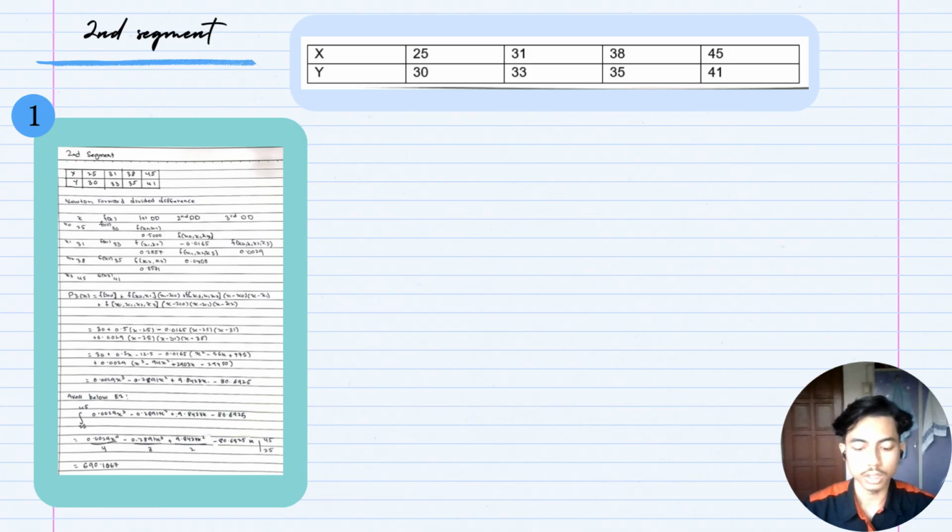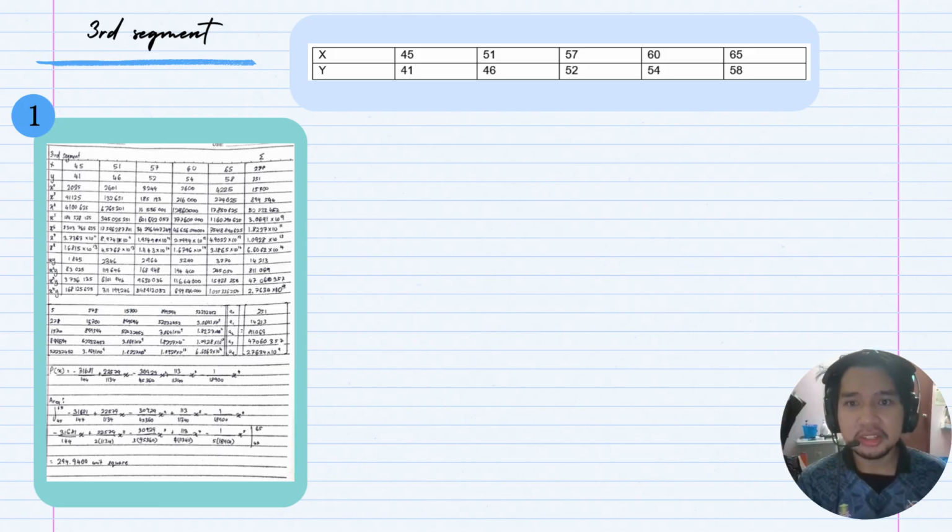After that, we use the formula of Newton forward divided difference and insert all the data from the table, and we get the general form. After that, to find the area of the circle, we just integrate using the limits of x, which is 25 to 45. And then we get the area for the second segment.